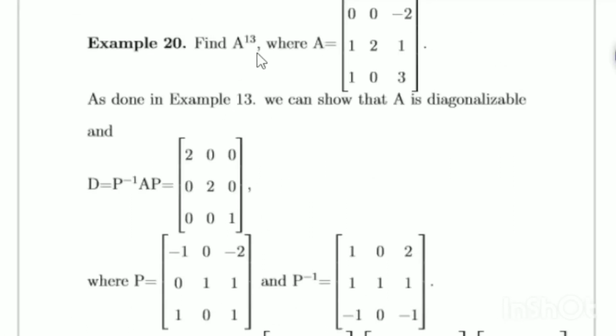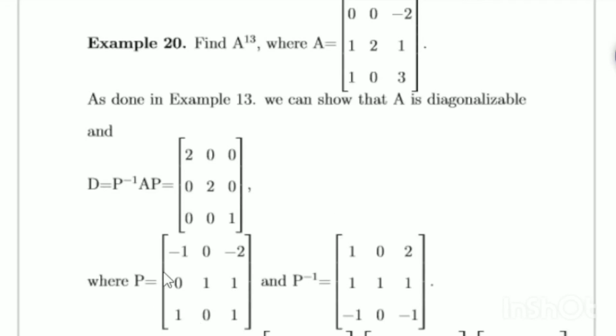Find A raised to 13 where A equal to [0, 0, -2; 1, 2, 1; 1, 0, 3]. We have D equal to P inverse A P, and we already saw that this is a diagonal matrix, so A is diagonalizable.